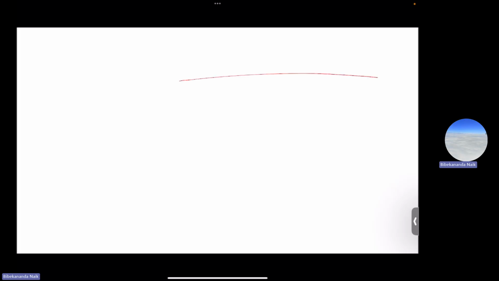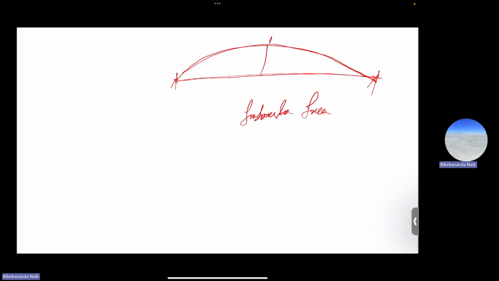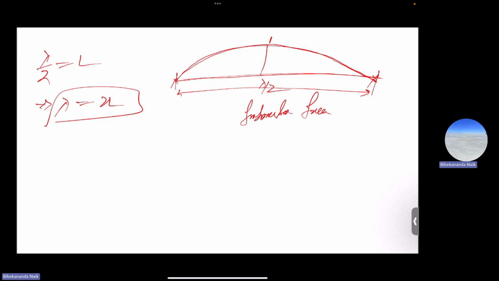Suppose this is a string. This will be the fundamental frequency wave. It has only one antinode and two nodes. In this case, this is lambda by 2. So lambda by 2 is L, or lambda is 2L.